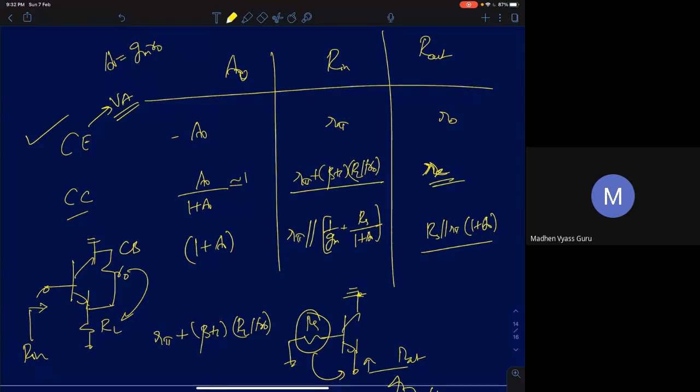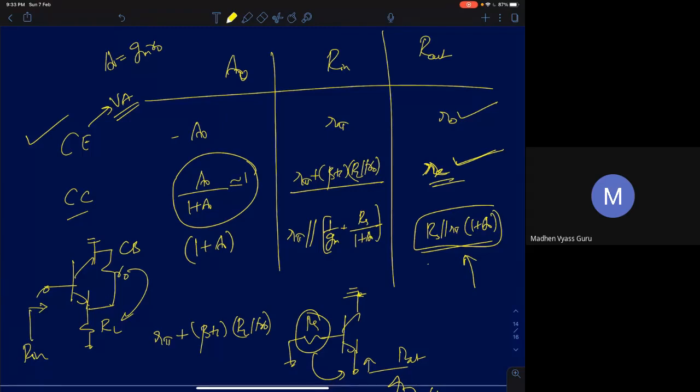For a common emitter, the output resistance is very high, it's R naught. For a common base, the output resistance is also very high. It's Rs parallel R pi multiplied by the intrinsic gain. So common collector. Common collector has the lowest output resistance, and input resistance is also very high. In fact, it has the highest input resistance among the three configurations. Therefore, it's best suited for voltage amplification. But the maximum voltage gain you can get is 1. You cannot get a gain greater than 1 out of it.